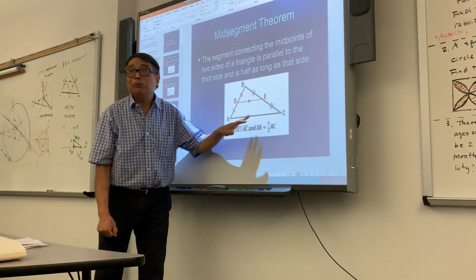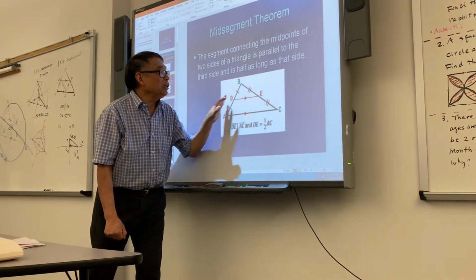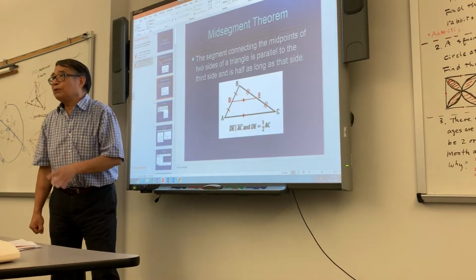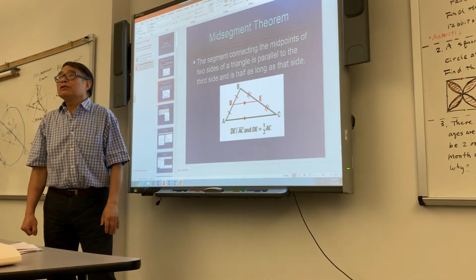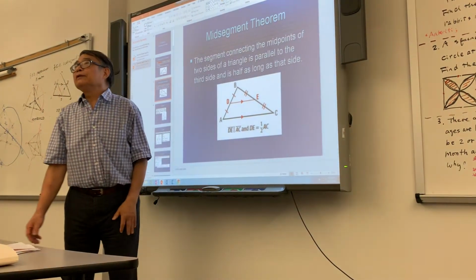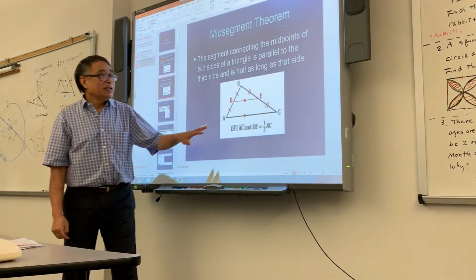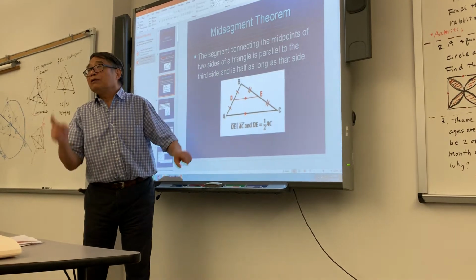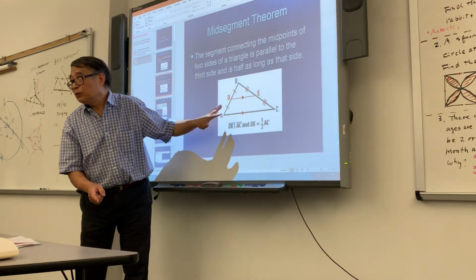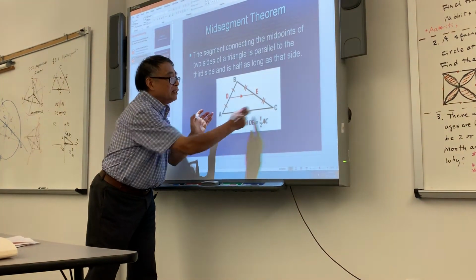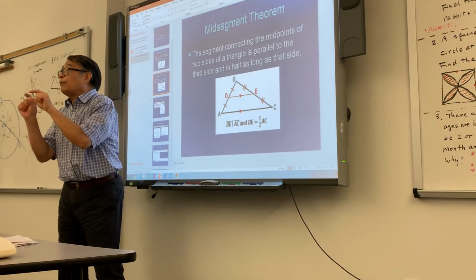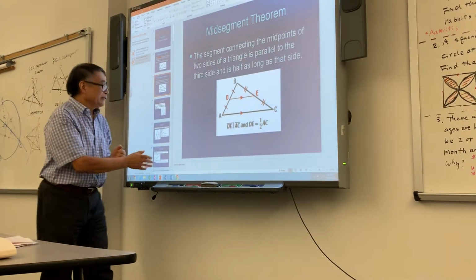I will prove it after some minutes. If you understand the proof, you will be very good. You can solve some very hard questions. If you cannot prove it, at least remember the conclusion: DE is half of AC and parallel to BC.